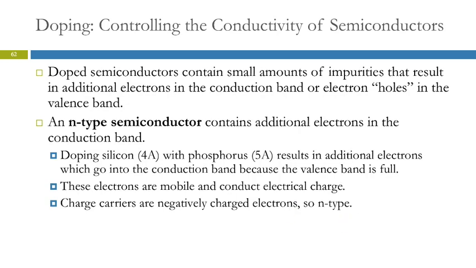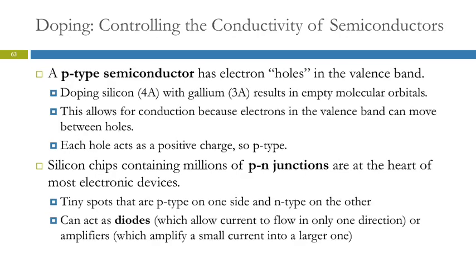Add extra electrons. A P-type semiconductor, so you can take silicon again, and this time add some gallium. Gallium only has 3 valence electrons. So when you've got this combination, because of the gallium, you have some holes, some empty spaces in the valence band. And so what can happen is the electrons in the valence band can move into the holes.